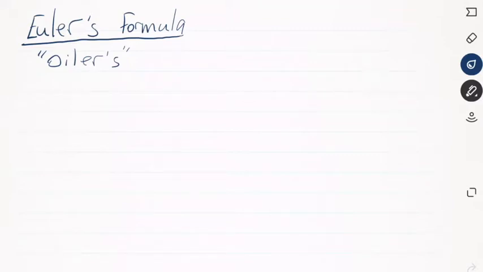So what is Euler's formula? Euler's formula relates an exponential function to represent the trig side of a complex number. So cosine theta plus i sine theta can be simply written in Euler's formula as e raised to the i theta. So this makes life a lot easier.